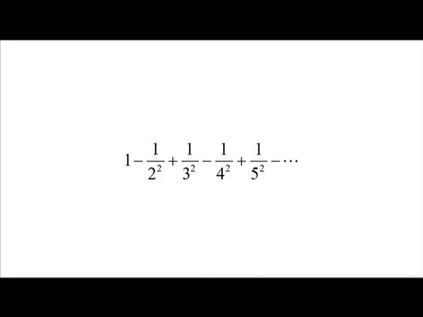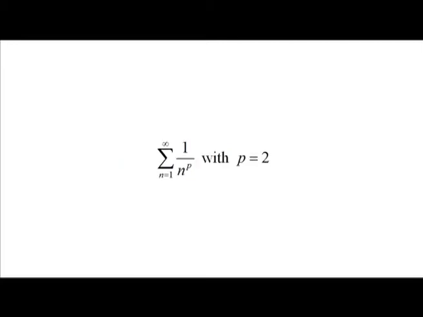We see that the series 1 minus 1 upon 2 square plus 1 upon 3 square minus 1 upon 4 square plus 1 upon 5 square minus etc. is absolutely convergent, since the series 1 plus 1 upon 2 square plus 1 upon 3 square plus 1 upon 4 square plus 1 upon 5 square plus etc., being the hyperharmonic series summation 1 upon n^p with p equal to 2, is convergent.